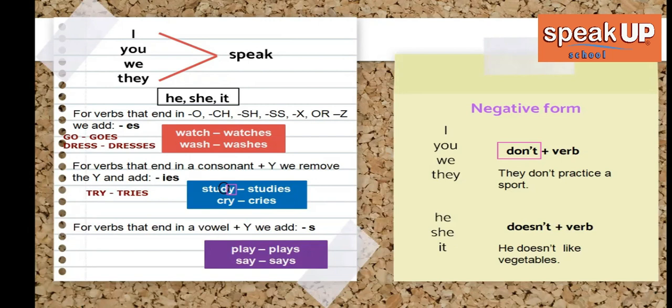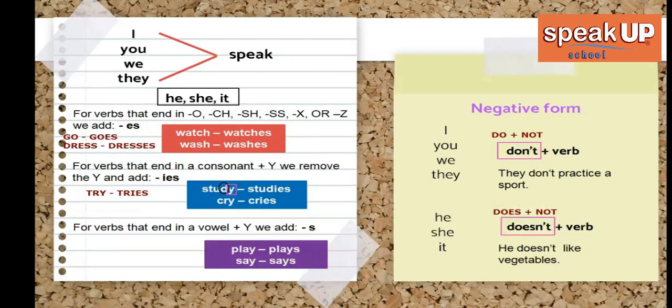And for he, she, it, we use the auxiliary does, because it ends with O, so we have to add ES, and add the negative form. If you remember, don't is the same as do plus not. Do plus not makes the word don't. And does plus not makes the word doesn't.